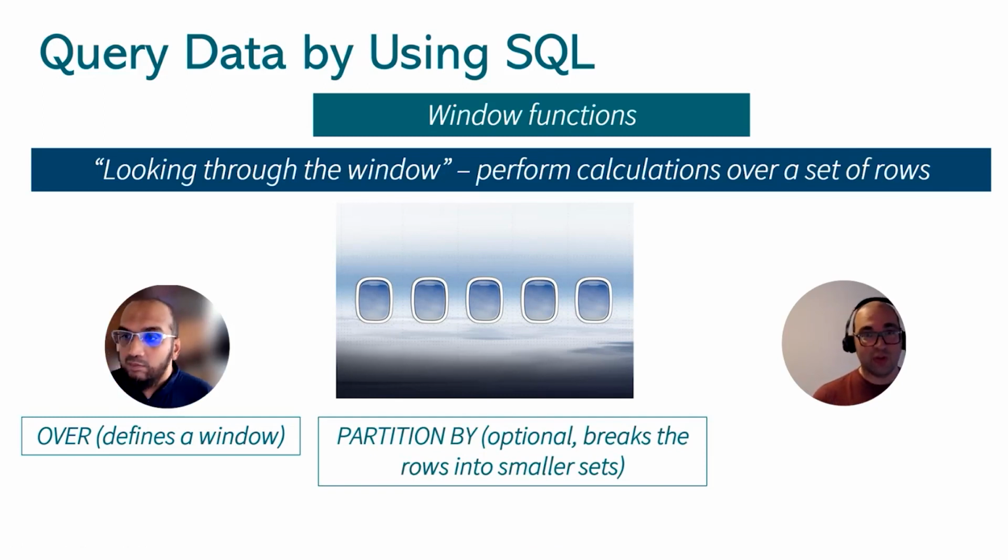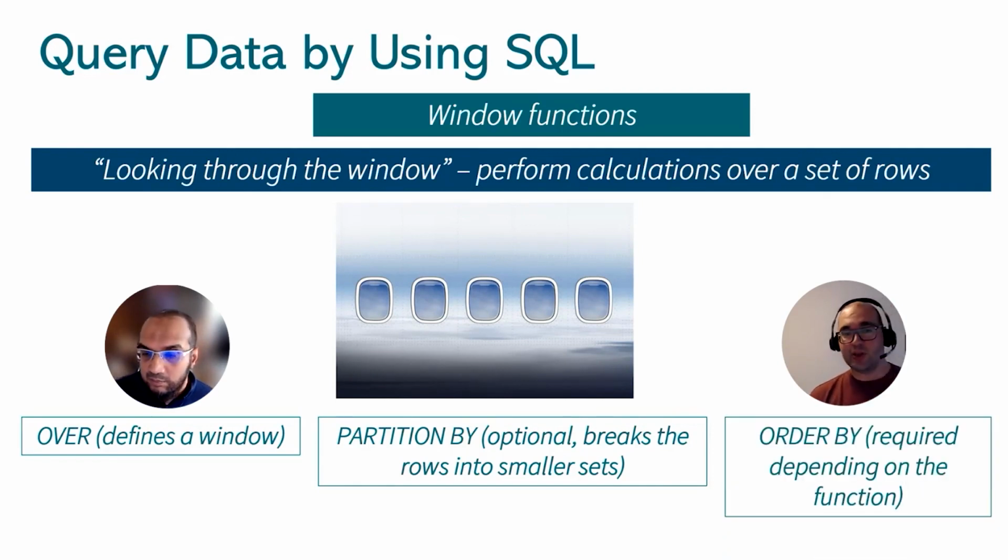In case we don't use PARTITION BY, then our entire result set is a window, but we can partition this, as I will show you in one example. And this one breaks the rows into smaller sets. And finally, ORDER BY, depending on which function you are using, this is required in some cases, in some not. But those are the three that you should know, and they go in this sequence. So keep that in mind.